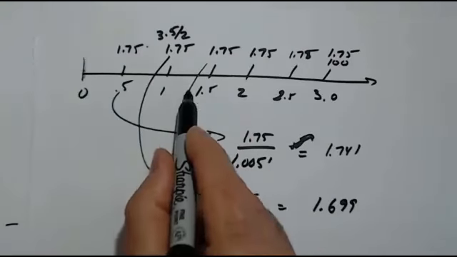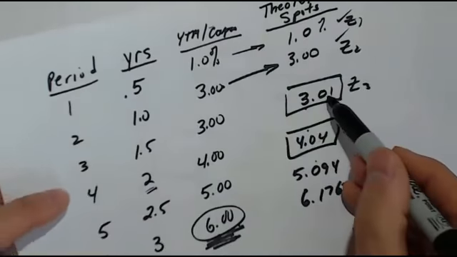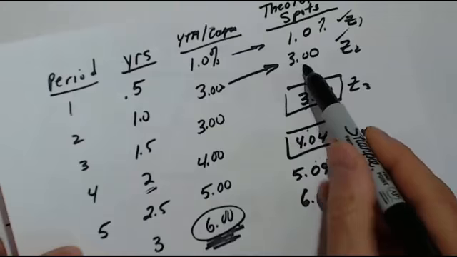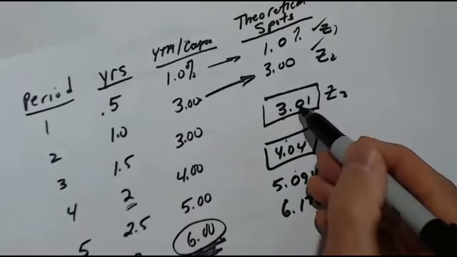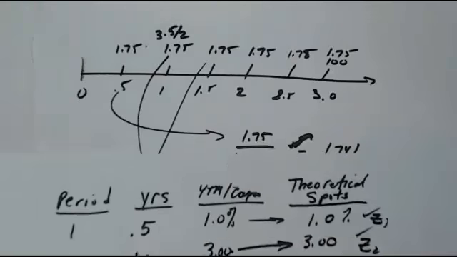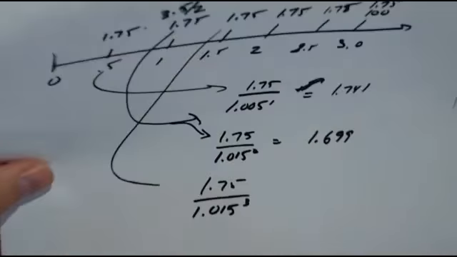And then this next cash flow is going to be discounted at this interest rate, but it is so close to the 3 that it doesn't really show up. It shows up on a semi-annual basis as 1.5%. So I'm discounting it over 3 periods, and I'm going to keep doing that.